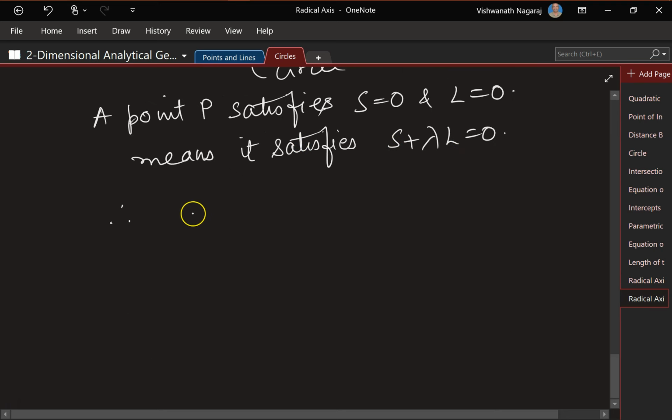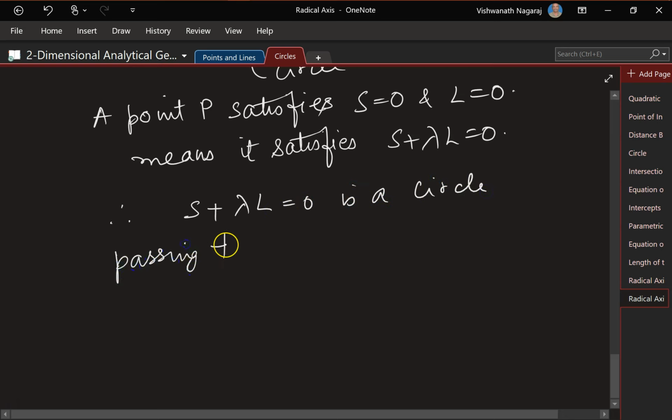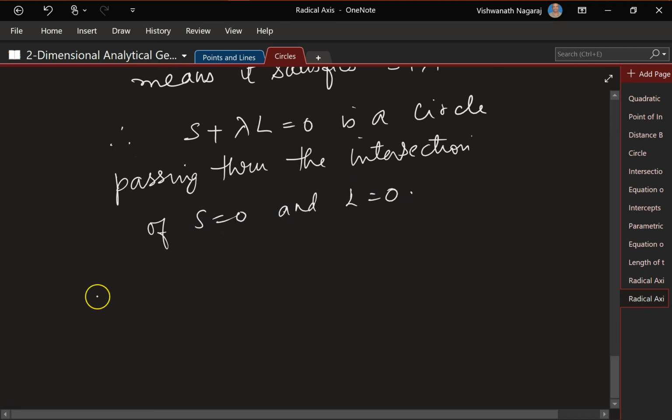This means that S plus lambda L equal to 0 is a circle passing through the intersection of S equal to 0, the circle, and L equal to 0, the line.